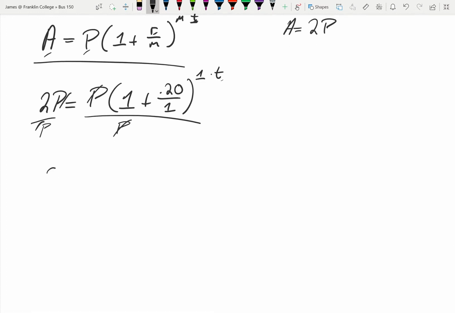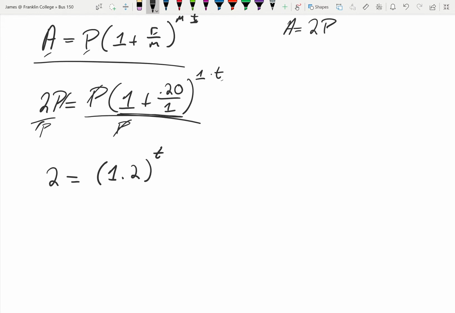And we are going to have 2 equals, I'm going to simplify the interior of the parentheses right now. 0.2 divided by 1 is just 0.2. 1 plus 0.2, we are going to get 1.2 raised to the single t, because it's 1 times t. And now we want to solve for t.